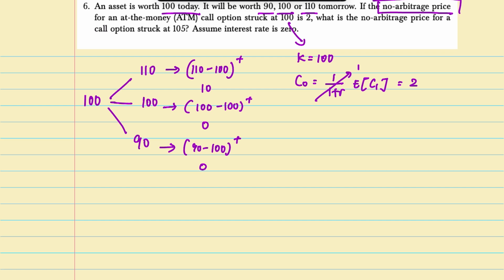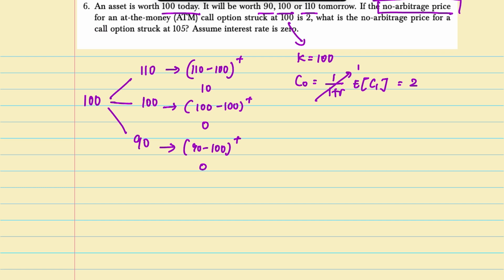Okay, so let's solve what is the risk neutral probability for this call option. So let's get into the formula. C naught equals the expectation of C1 equals 10 times P star, which is the risk neutral probability for the call option that is worth $10, plus 0 times Q star plus 0 times 1 minus P star minus Q star.